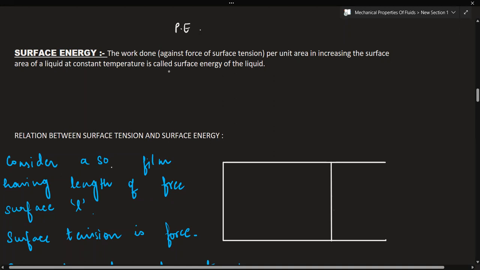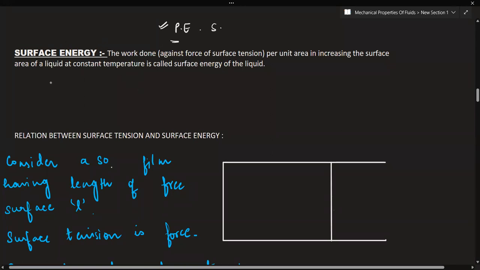The work done to increase the surface area is stored in the form of potential energy, and the liquid surface has now more surface energy due to increased surface area. And this work done against the surface tension force to increase unit surface area is known as the surface energy.